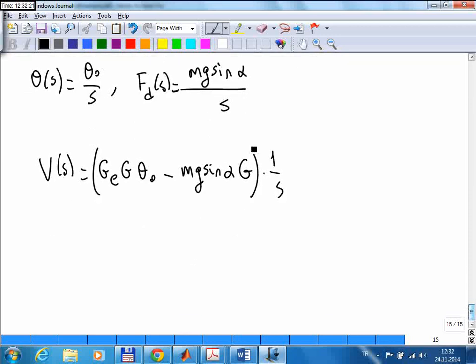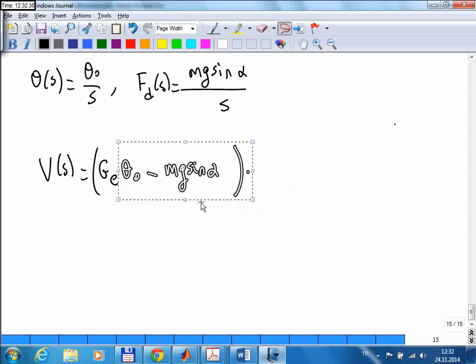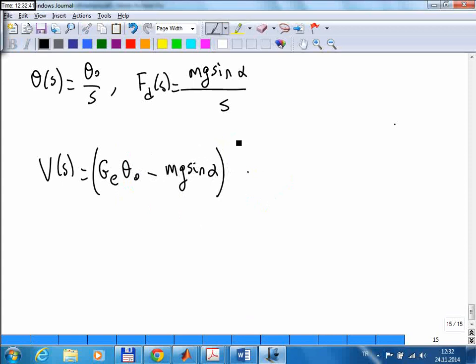We can also take this G out of the parentheses, right? So let me do that as well. So let's assume the static engine again.